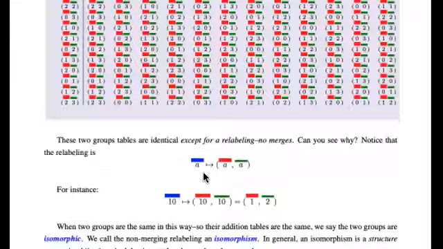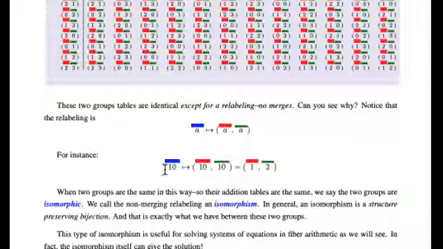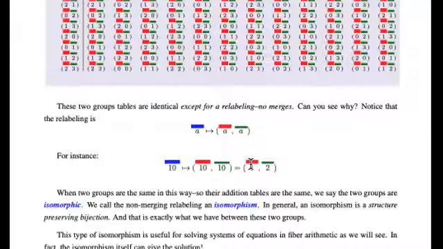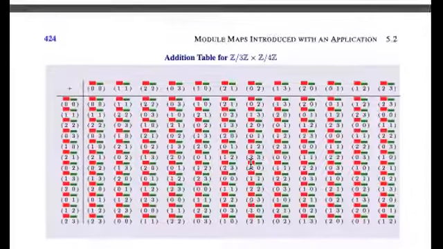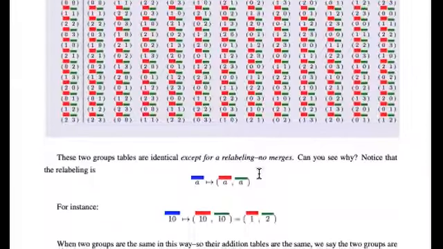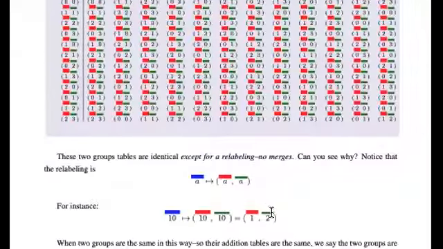Just taking the same thing and throwing it under the different bars. So essentially, this is the map right here. 10 bar goes to 10 red bar, 10 green bar. And the only difference is that we've rewritten 10 red bar as 1 red bar because we're working in mod 3 arithmetic, and in mod 4 arithmetic, it's 2 bar.